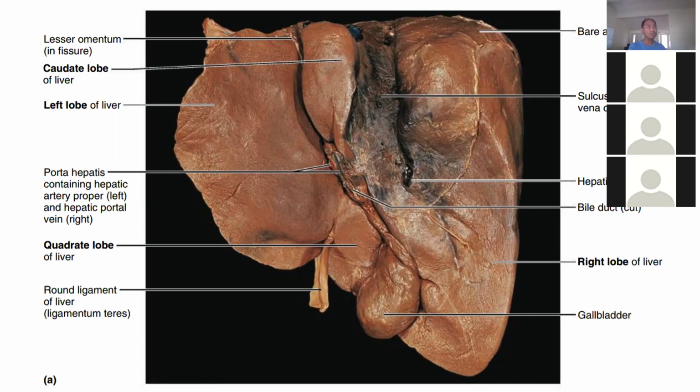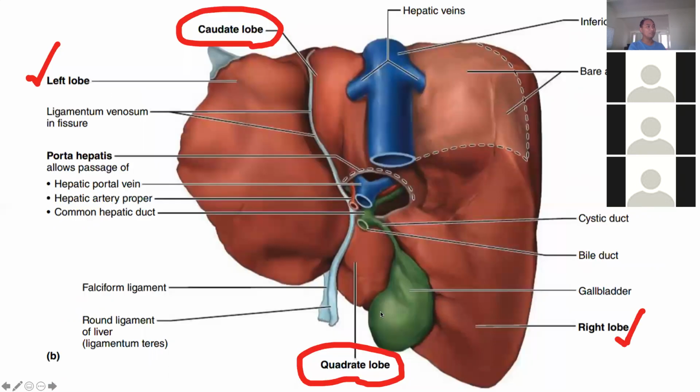So yes, I want you to remember the liver has two lobes, right lobe and left lobe. And if you look from the back, you can see the caudate lobe and the quadrate lobe. What is the big deal about that? Not much, but just remember the caudate and quadrate lobes. They are in the right lobe of the liver, and the left lobe of the liver is pretty small.